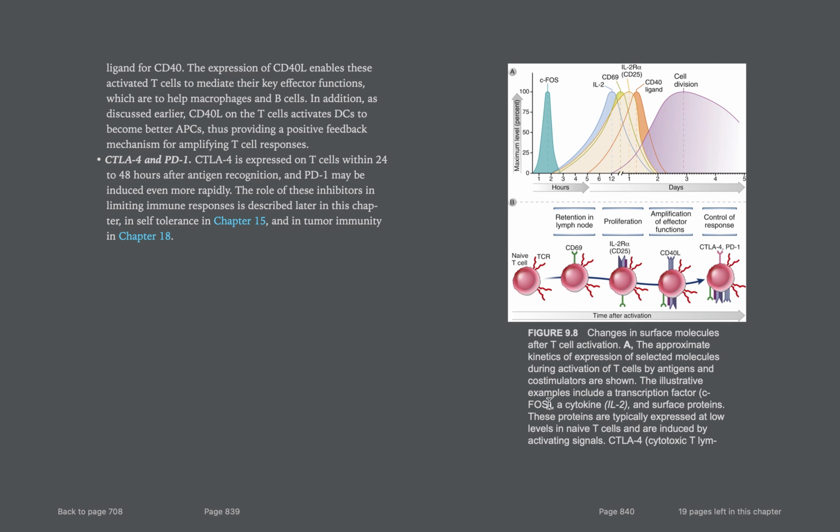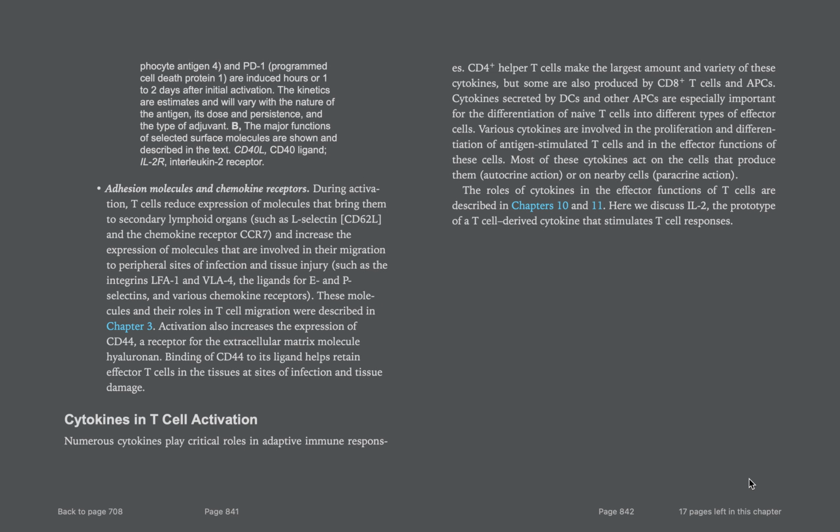The approximate kinetics and extent of expression of selected molecules during activation of T cells by antigen and costimulators are shown. The illustrative examples include a transcription factor, Fos, cytokines, interleukins, and surface proteins. These proteins are typically expressed at low levels in naive T cells and are induced by activating signals. CTLA-4, cytotoxic T lymphocyte antigen 4, and PD-1, programmed cell death protein 1, are induced an hour or 2 days after initial activation.